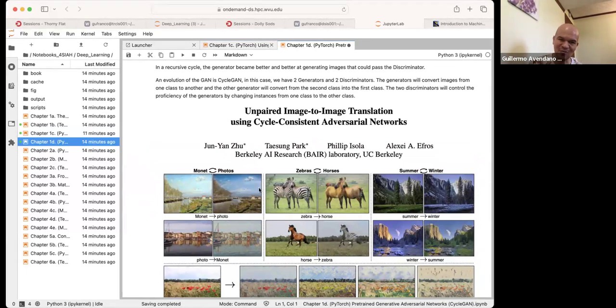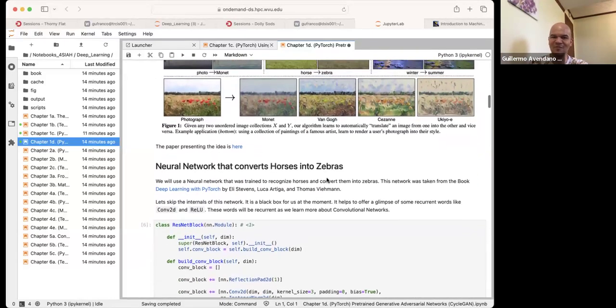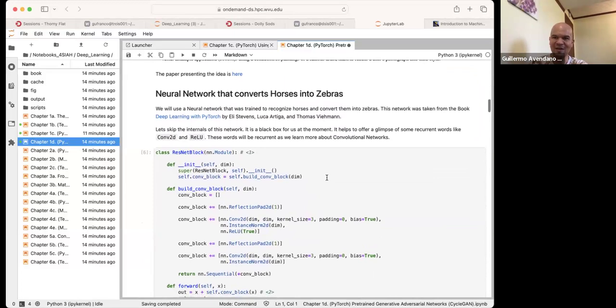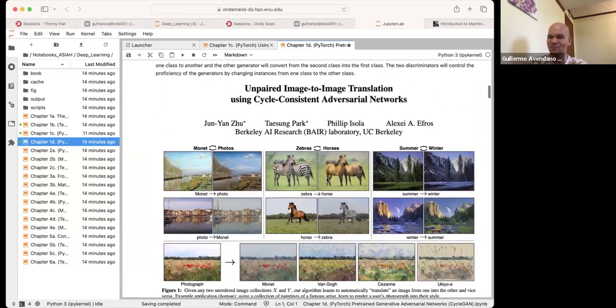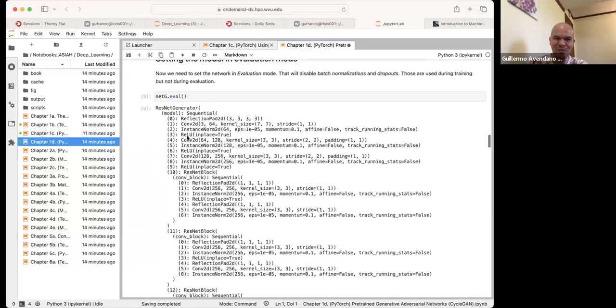That is a cool thing. One example that I'm doing here, but I have very little time for going into that, is a different kind of neural network that takes images. It was trained with images of zebras. And if I present it with an image of a horse, it will put the stripes on that horse and recreate a new image. So here, this is the description of the model.